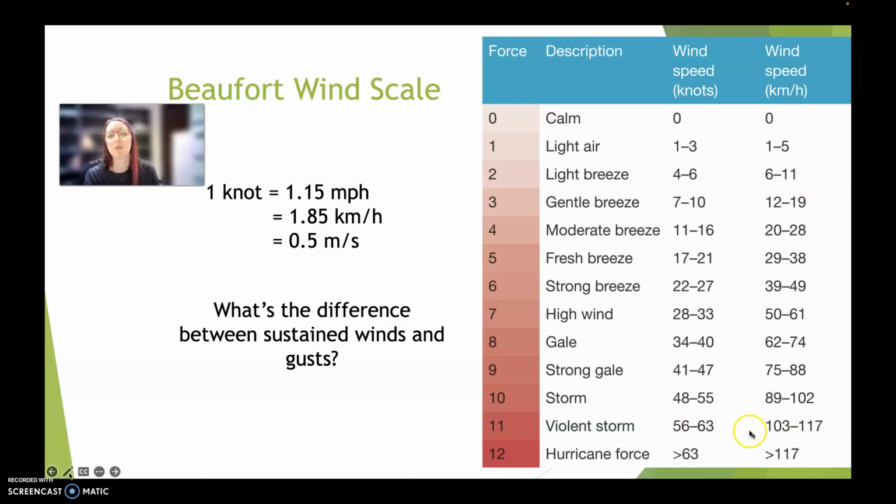But once you get up to higher wind speeds, like hurricane force winds, 63 knots is pretty far away from 117. When you have lighter wind speeds, it's easier to say, oh, 10 knots, or about 50, or about 20. That's kilometers per hour, but it's relatively comparable.